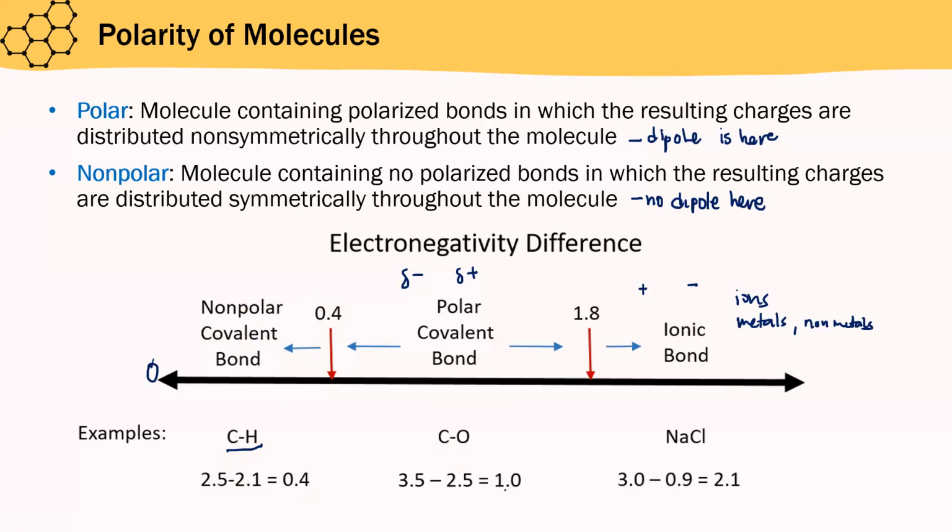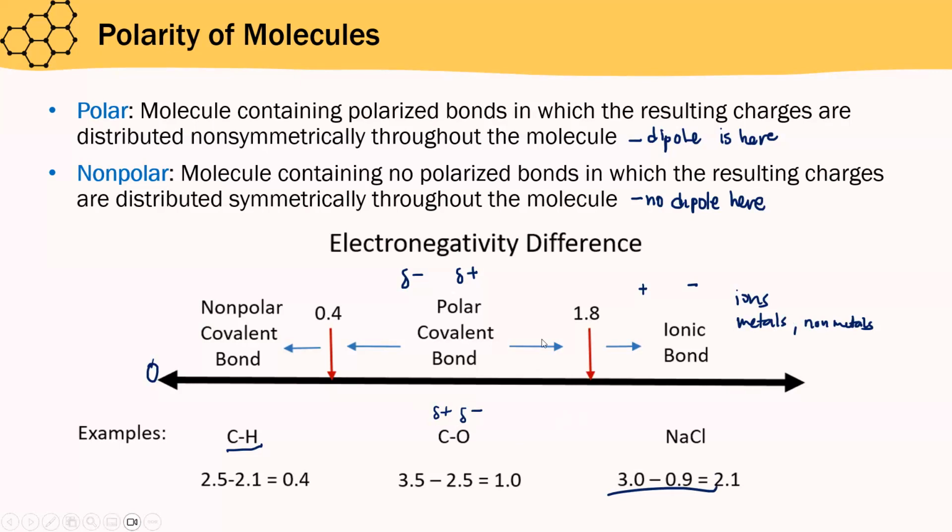We have a difference of 1, which means it's a polar covalent bond. Since oxygen is more electronegative than carbon, oxygen will be partial negative and carbon will be partial positive. For NaCl, look at the electronegativity difference. It's so big, so yes, it's an ionic bond.